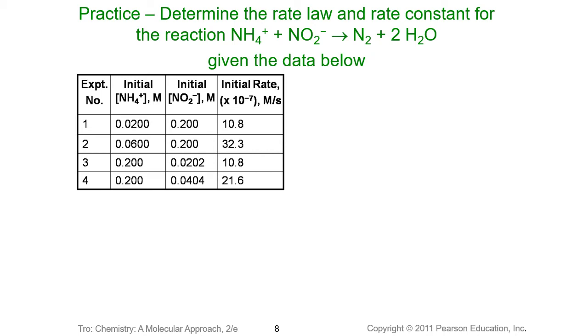Okay, so pause the video and determine the rate law and the rate constant for ammonium and nitrite reacting. Okay, so we are going to use experiment 1 and 2 to find the order with respect to NH4.